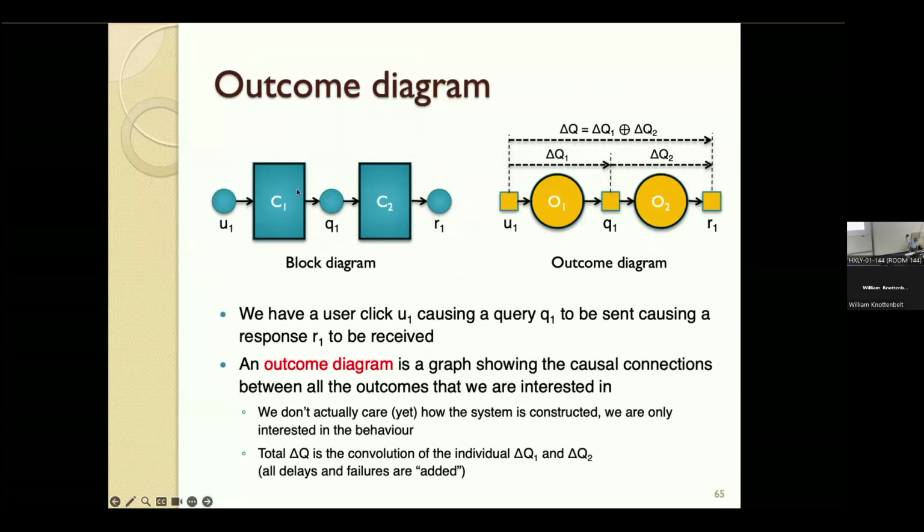So the output of C1 is the input of C2. So there's a causal connection between those two outcomes, okay? So outcome one is causally preceding outcome two. So you can combine them in a directed graph and have a bigger outcome, which is U1, R1 here, with its own delta Q, which is the outcome of the whole system, okay? So in general, this is going to be a directed graph with causal connections, okay?